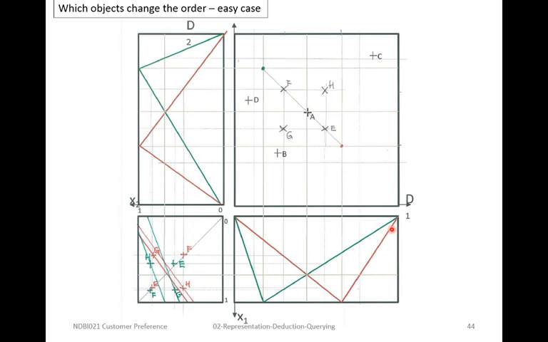Can our computation and our recommendation change the order? Of course it can. If the ideal points are here and here, then in the computed, this point E is better, and we can really see it here, the red E. And in the correct ordering, this F is better.